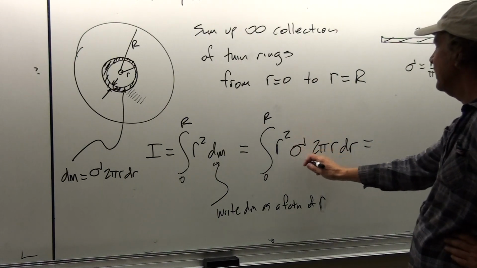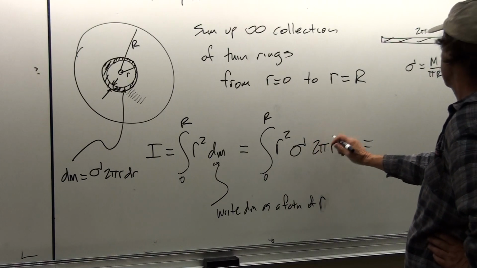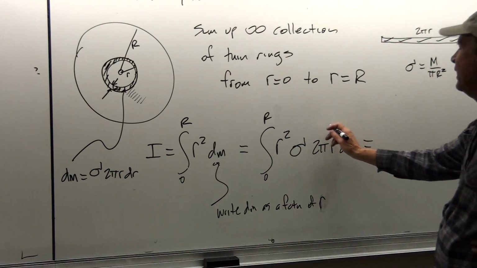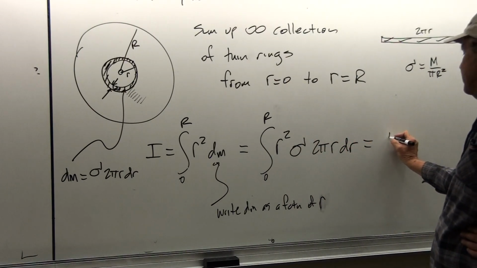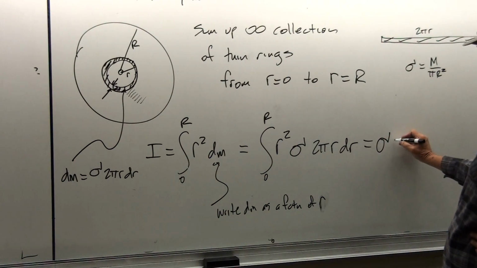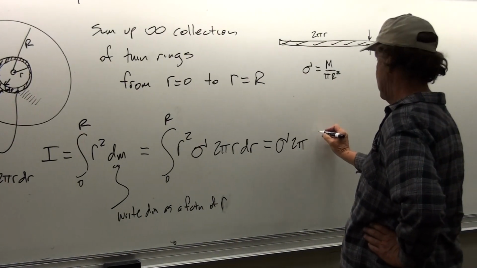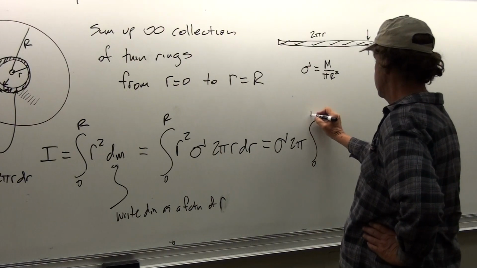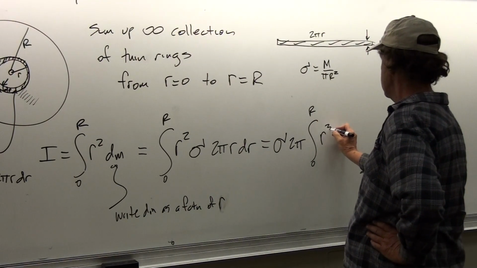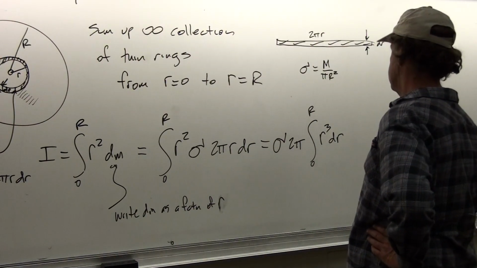Okay, but we don't want to do that yet, because that's going to mix us up. We're going to have big R's and little r's in here. So we want to just pull that out and make that a constant to begin with, times 2 pi. And then we're going to be integrating from 0 to R of r cubed dr.